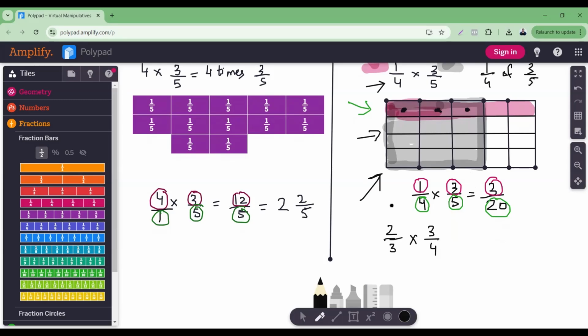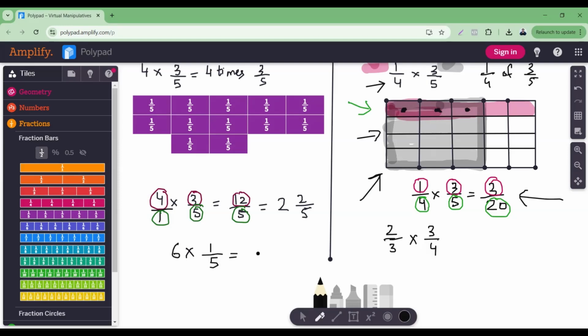Try to do it using drawing first, and then see whether you're getting the correct answer using the technique that we finally found out. And even for this, you can try 6 multiplied by 1/5. What is the answer for this? Try these two problems and then see. Finally, you will get numerators multiplied gives the numerator of the answer. Denominators multiplied gives the denominator of the answer.